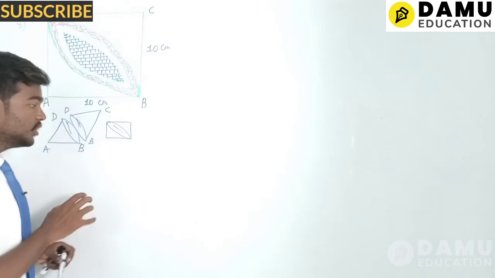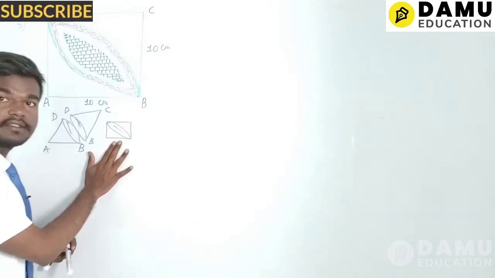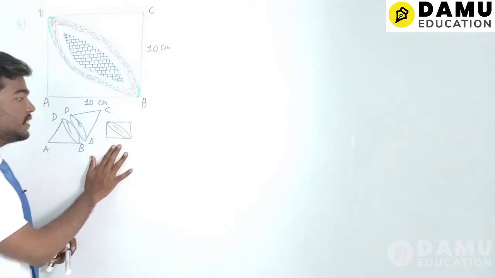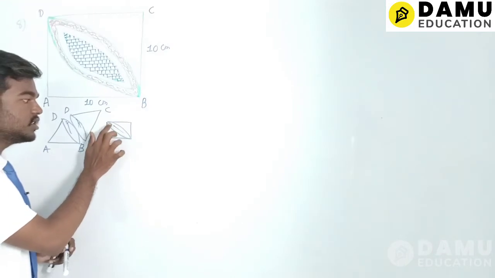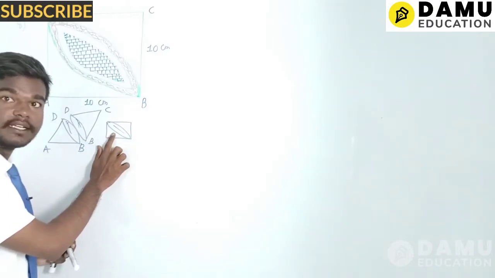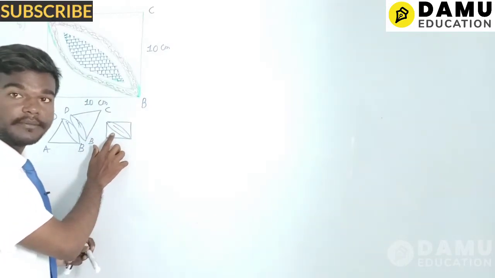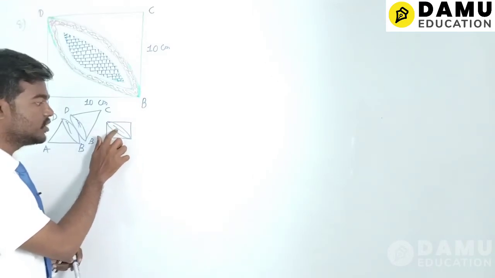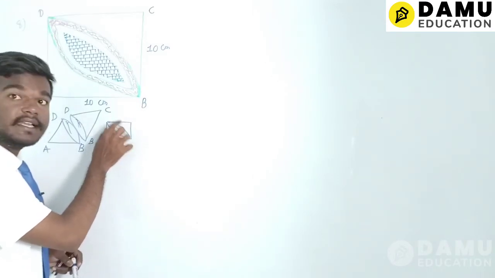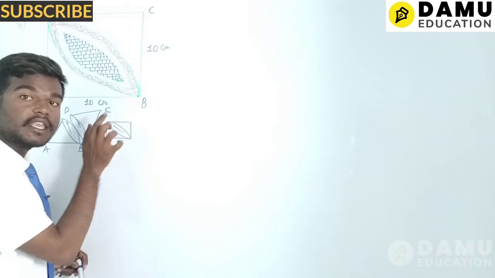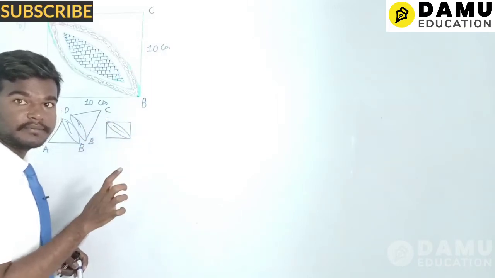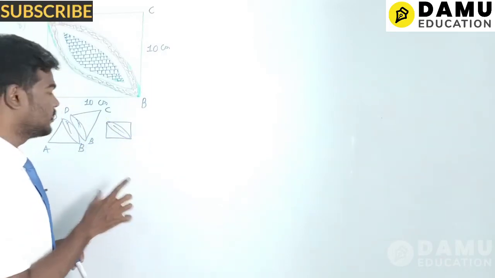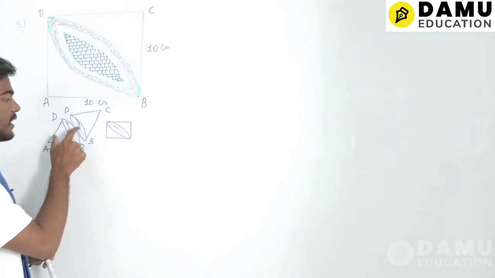Why? Because this total is called a square. One designed region is already included in the area of the square. But here one more designed region is there.